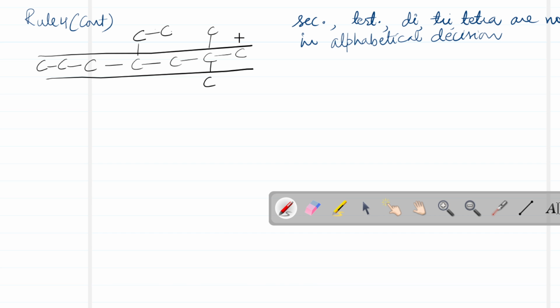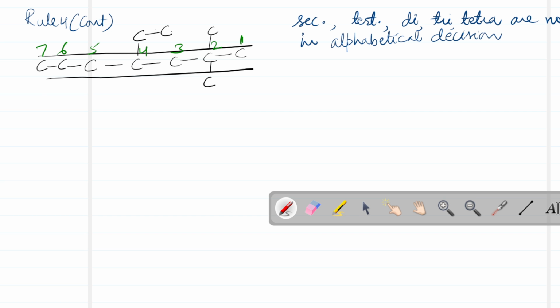So I would number this compound. I have given numbering to the carbons in the principal chain.